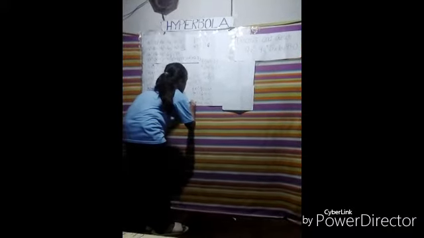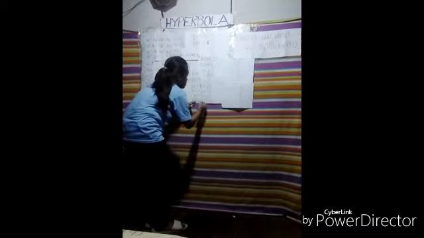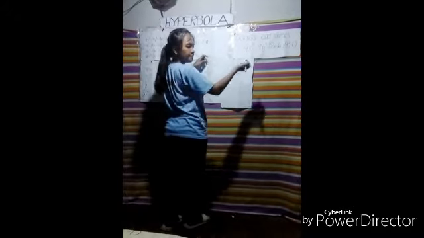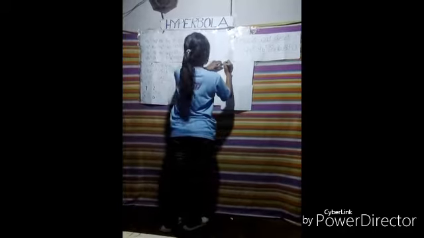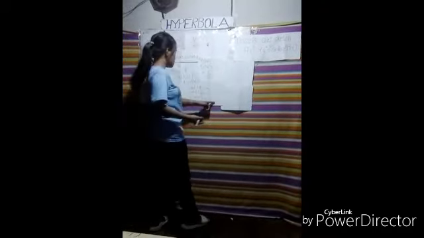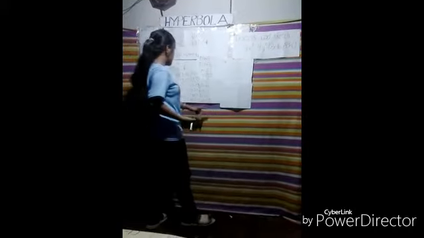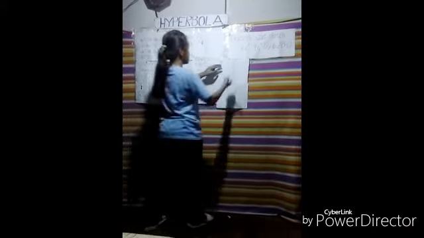Simplify, divide it by 2 to remove this. So it will become 2y. So it will become 2 times y equals 2y. Then 2 times 2 equals 4.